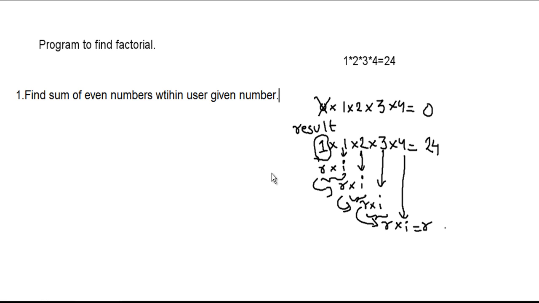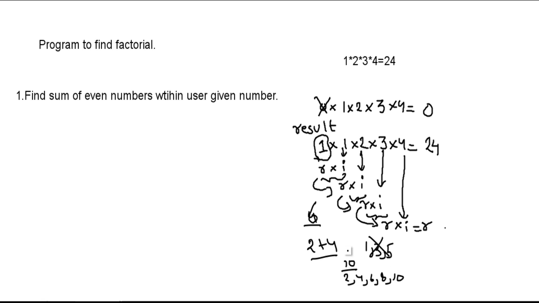So for example, if the user gives you the value, let's say 6, so you have to find 2 plus 4. You'll avoid 1, you will avoid 3, you will avoid 5. Odd numbers you will not take into consideration, only even numbers. So if the user gives 10, the sum of 2, 4, 6, 8 and 10. Here you will also have 6. Okay, so find the sum of even numbers within the user given number.